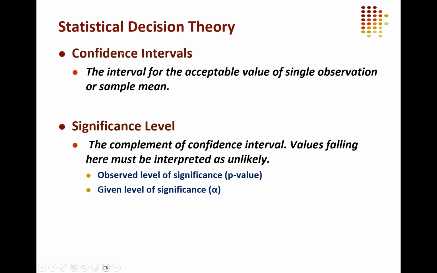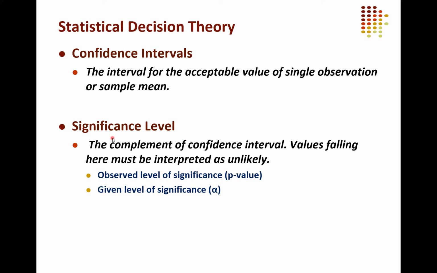So we define the confidence interval, the interval for the acceptable value of a single observation or a sample mean. We start with the single observation, and we will recognize that a single observation is going to create problems for us. Therefore, we repeat the measurements.